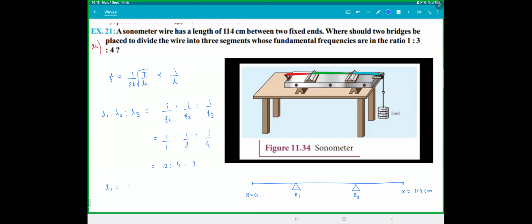So the first length will be 12 by 19 into 114. That comes to around 72 centimeters. So the first bridge is placed at 72 centimeters. Be careful, this L1 is the length of the string. So when you get L2, that is not the answer. You should add 72 to it.